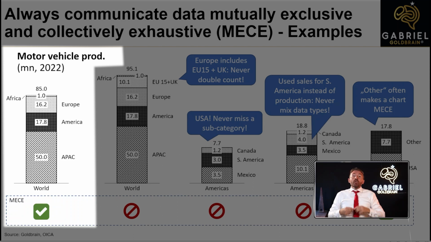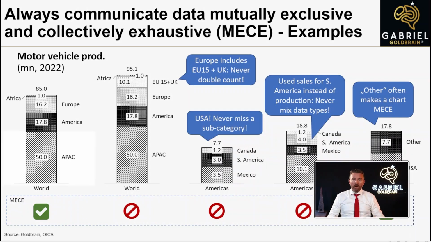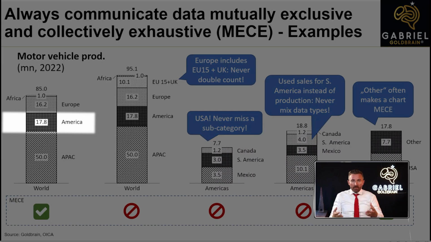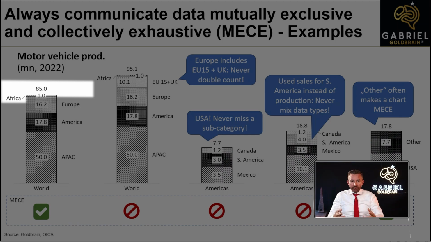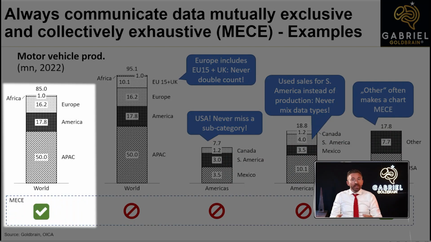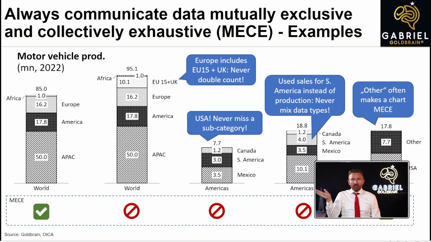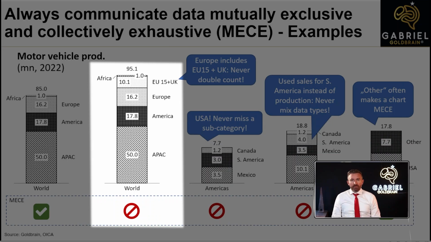On the left, you find a representation of the world motor vehicle production. Asia Pacific, America, Europe, and Africa are all mutually exclusive. And they total up to the world total. Therefore, the chart is MECE. Now let's have a look at the second chart from the left.